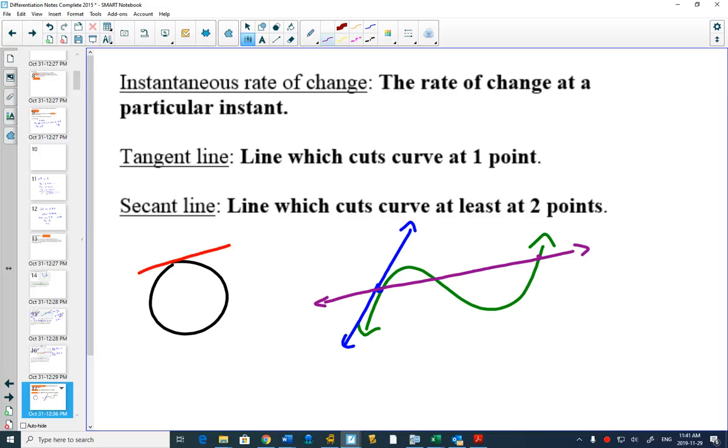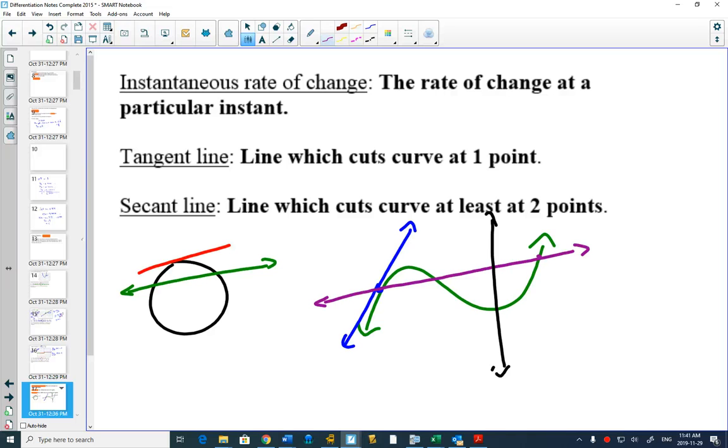This would be a secant line, touching at 2 points. But we have to be careful with that definition a little bit, because in the green curve that I just drew, if I drew a line straight up and down, that would cut that curve only at one point, but that wouldn't be considered a tangent line.